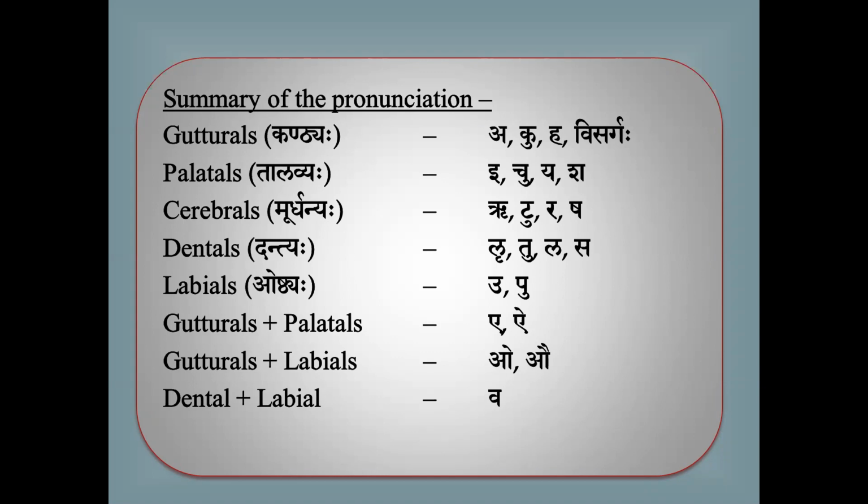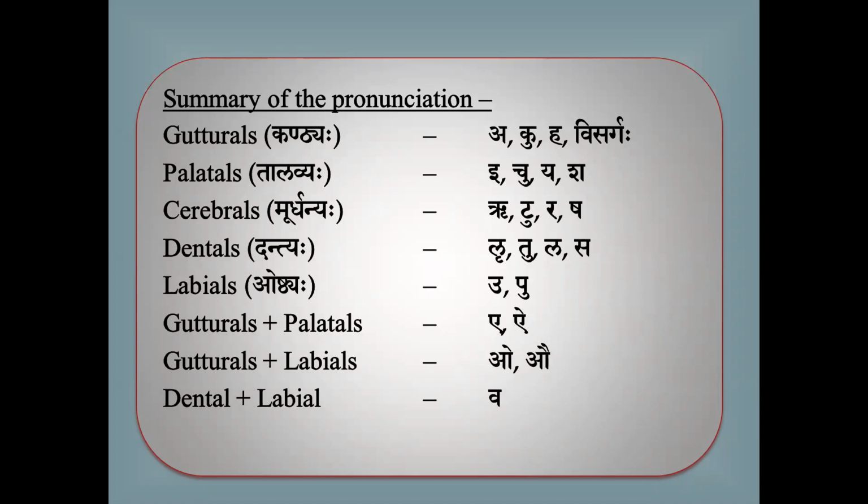Similarly, palatals. The vowel E, which means the longer E also is to be understood, and Chavarga, which is referred by the short term Chu. And the semi-vowel Ya and the sibilant Sha. These four are called palatals.